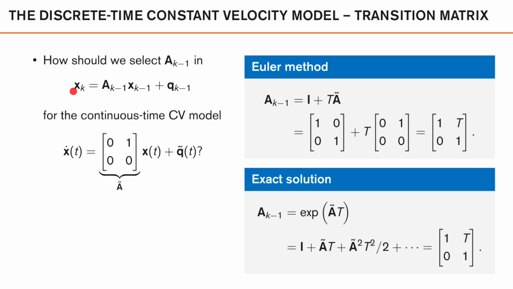So the deterministic part of the discrete time model says that the position at time k is just the previous position plus T times previous velocity, which makes sense, right? And the velocity is just 0 times the position plus 1 times the previous velocity. So the new velocity is just the old velocity. So the resulting discrete time constant velocity model looks like this.